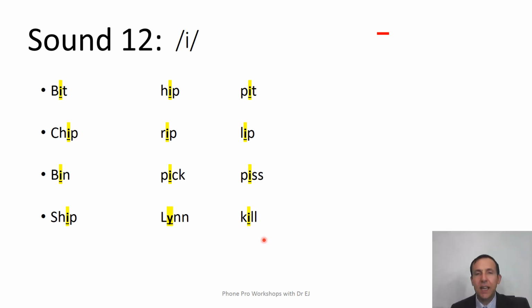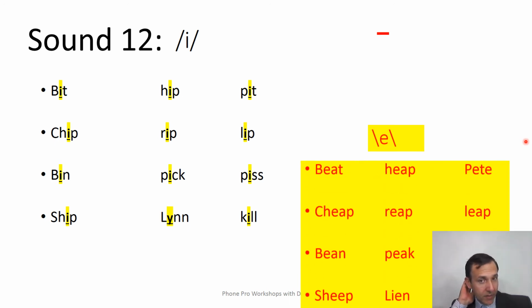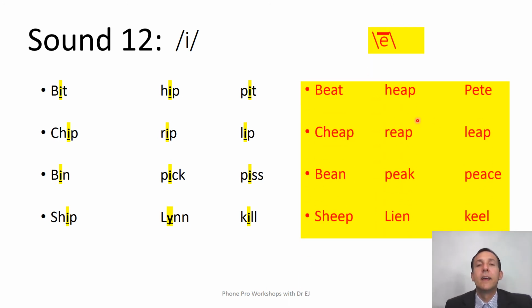Now let's take a look at a comparison between a short sound like this and a long sound like this. When we say long or short in English phonetics, we are not talking about length of time.